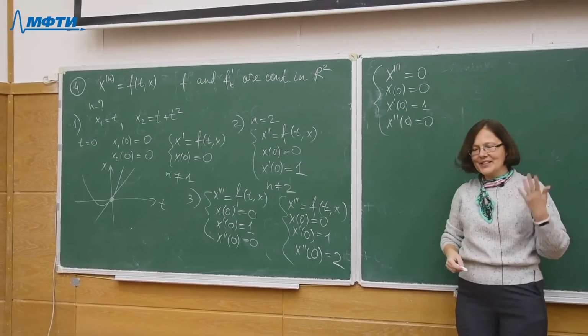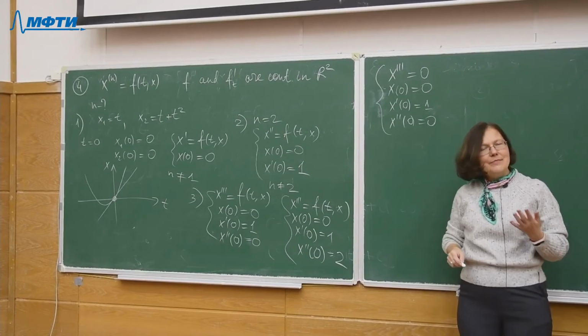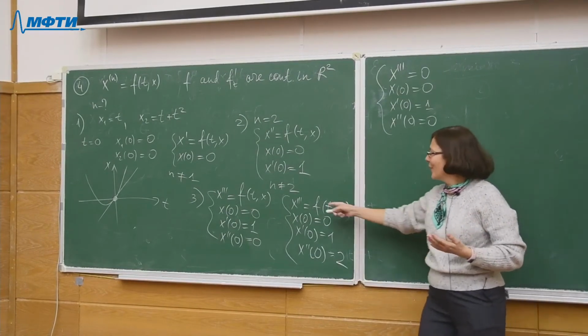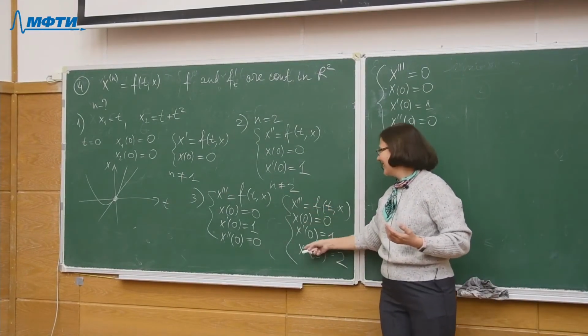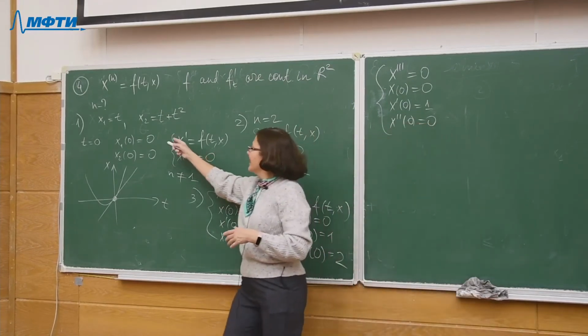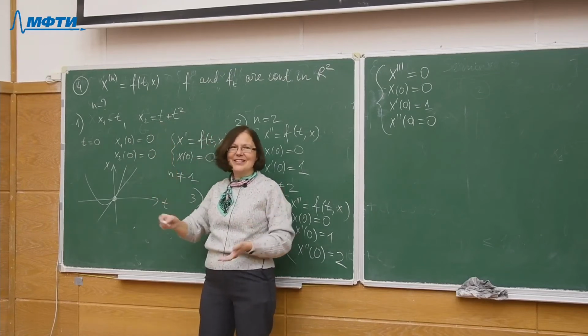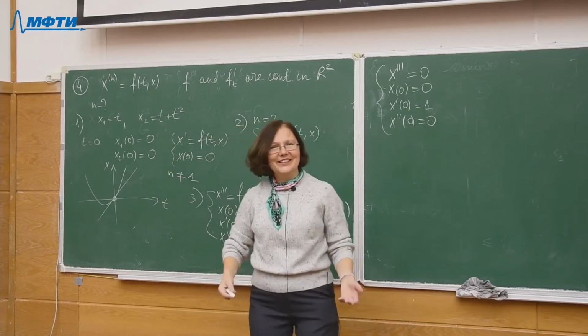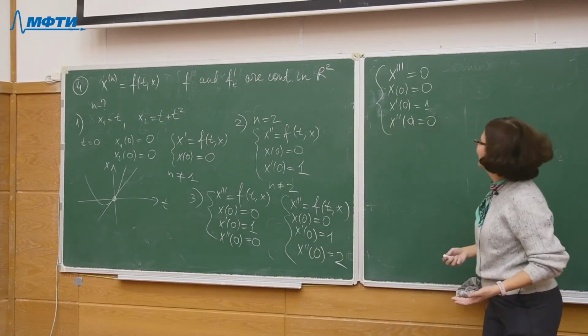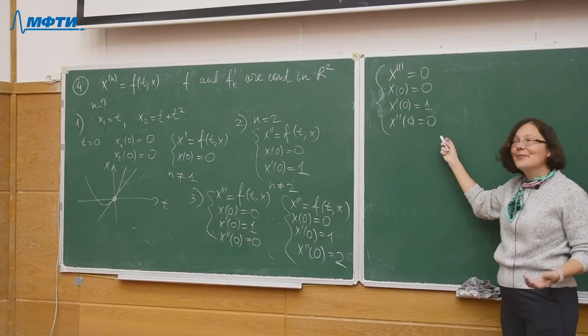Do you understand why we need to find f? Suppose there is no such f that these conditions are satisfied and this is the solution, or this is the solution. Maybe it is not possible to find such f. But I claim that it is possible.